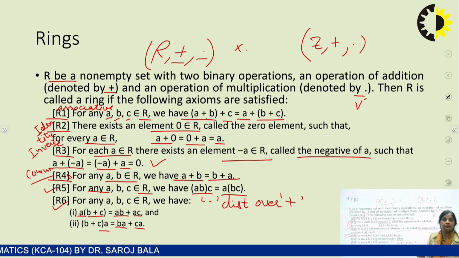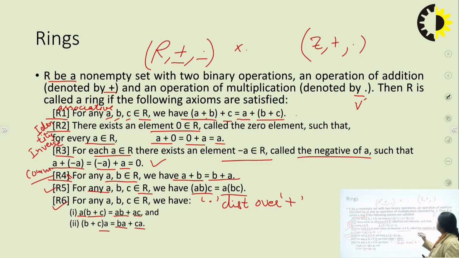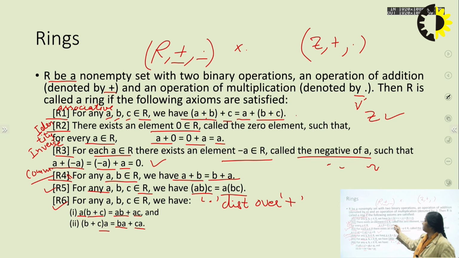over integers. If we add integers, then the integer addition is associative in nature. Okay, so the first property is true for integers. This property holds. If we talk about the second property, what is the second property? There must be a zero element.